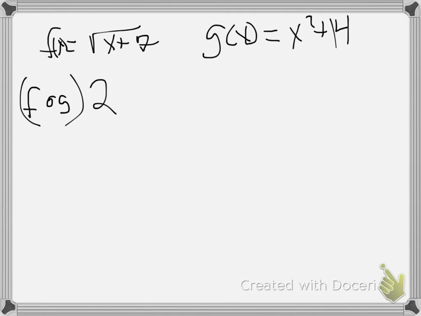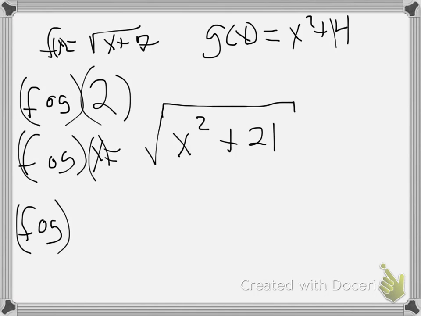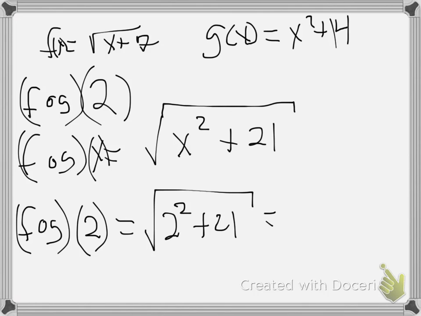Well, what could we do with that? Well, let's find f of g of x. We did that. And in the last page, we found that that was the square root of x squared plus 21. Okay? So now f of g of 2, we're just going to replace the x with a 2. So we've got the square root of 2 squared plus 21. And that equals 5.